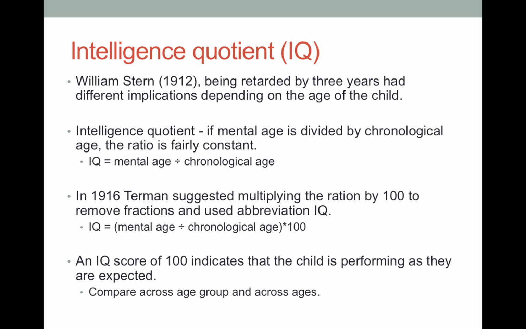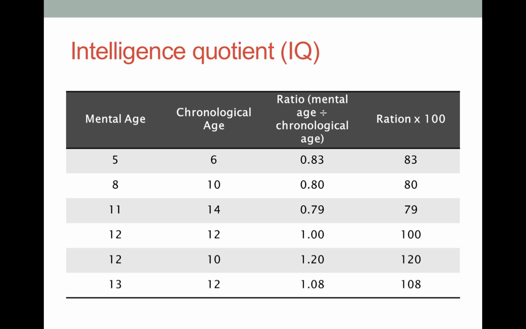An IQ score of 100 indicates that the child is performing as they are expected. This allows children to not only be compared across a particular age group, but also across ages. We can see this in the table shown here.